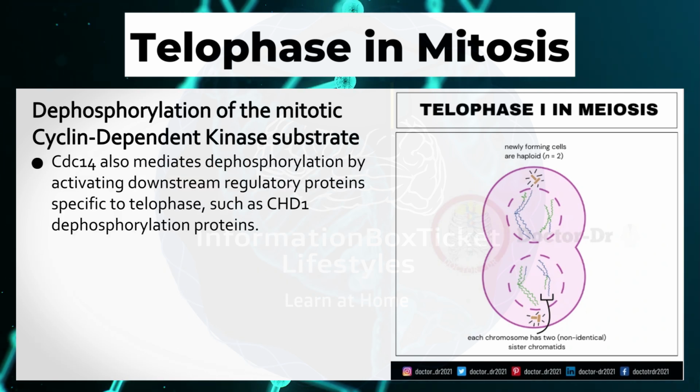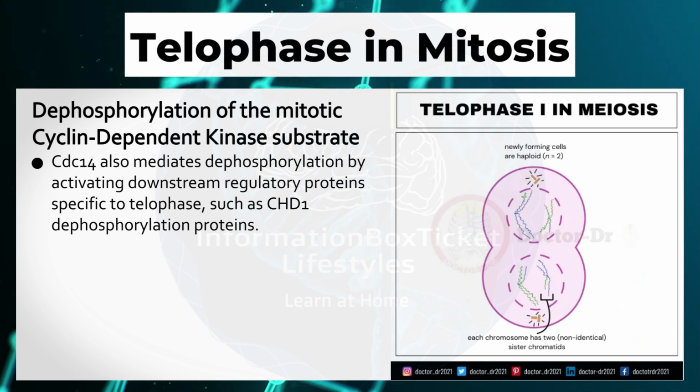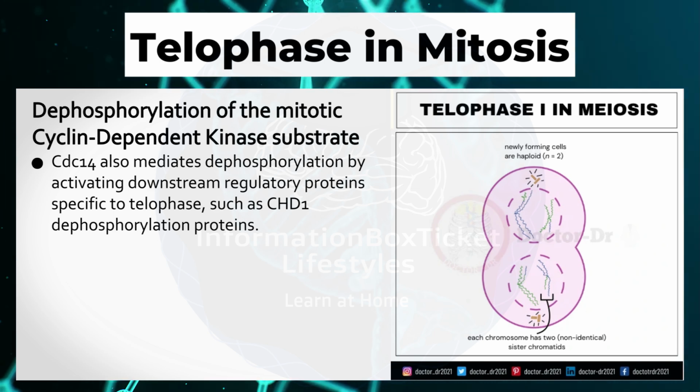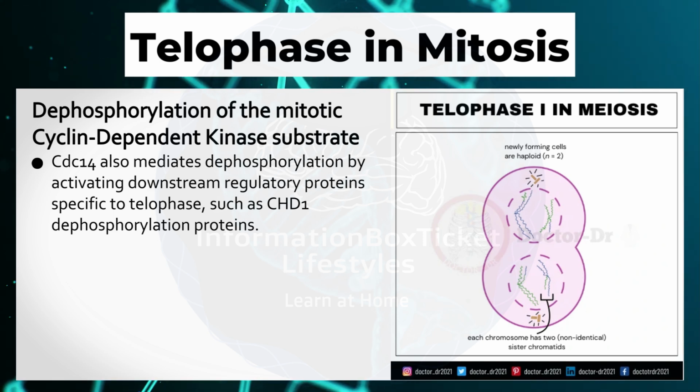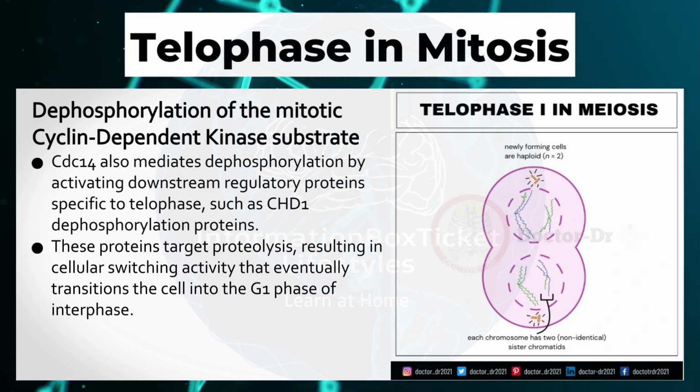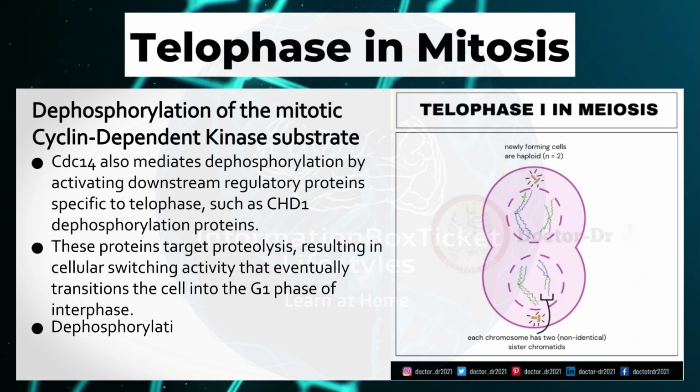Cell division cycle 14 also mediates dephosphorylation by activating downstream regulatory proteins specific to telophase, such as chromodomain helicase DNA binding 1-dephosphorylation proteins. These proteins target proteolysis, resulting in cellular switching activity that eventually transitions the cell into the G1 phase of interphase.